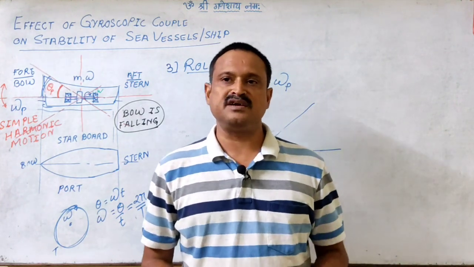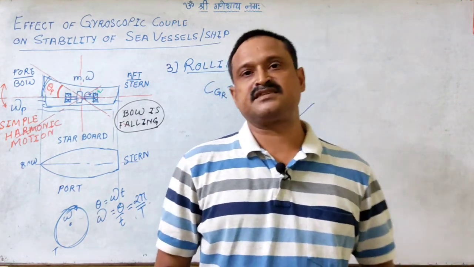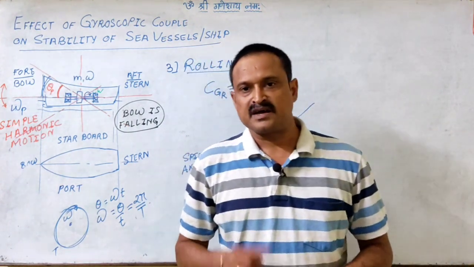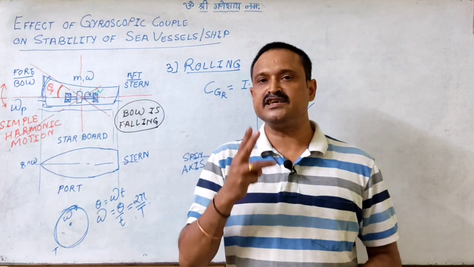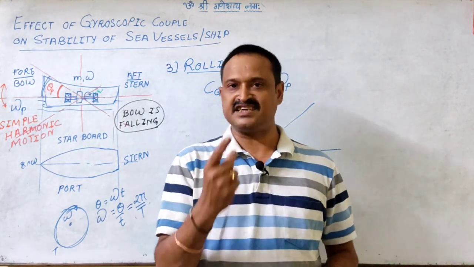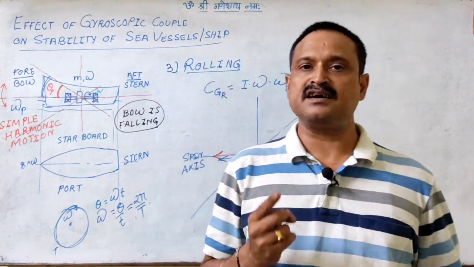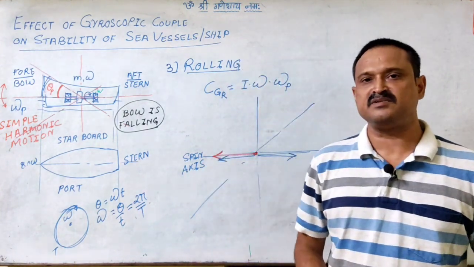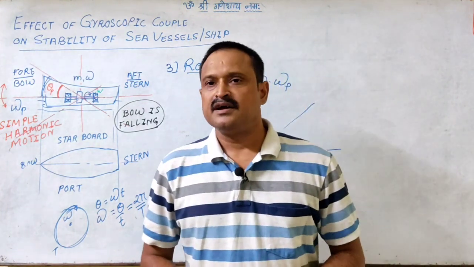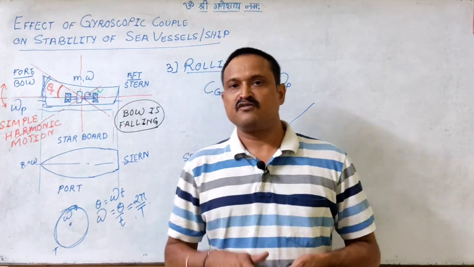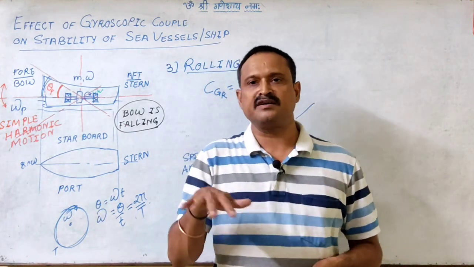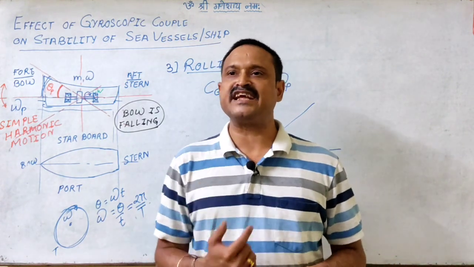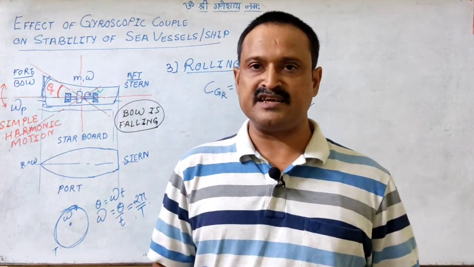In this session we have seen how the gyroscopic couple affects the stability of a ship, basically in two conditions. One is the steering and the second is the pitching condition, and they do really affect the stability conditions, because the ship is a floating vessel on water, and the water does not give sufficient reaction for stability, right?